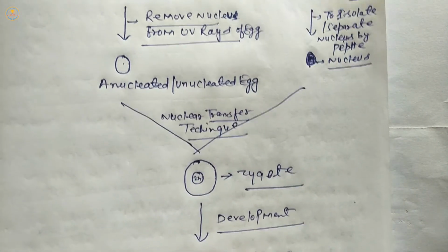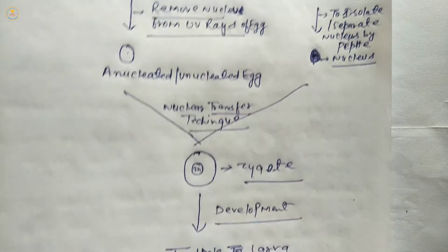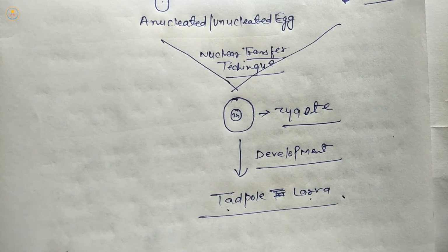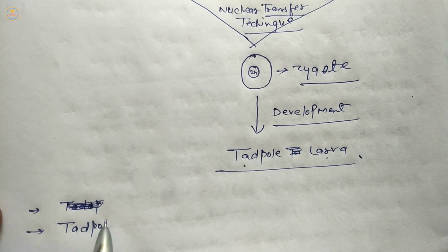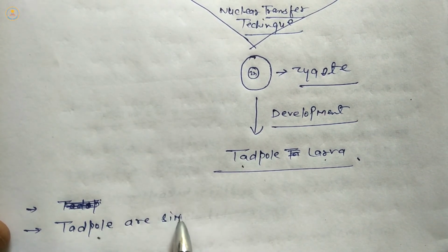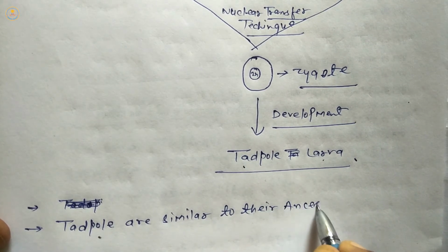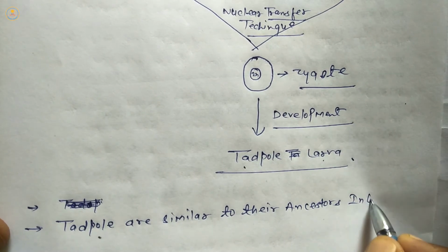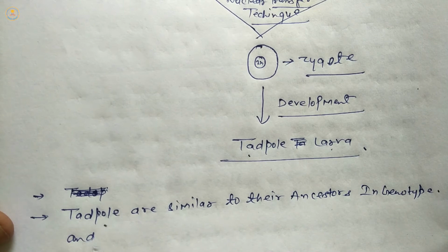Students, the tadpole larva is similar to the parent, it means the intestinal cell donor, genetically and morphologically. Tadpoles are similar to their ancestor in genotype and in behavior.